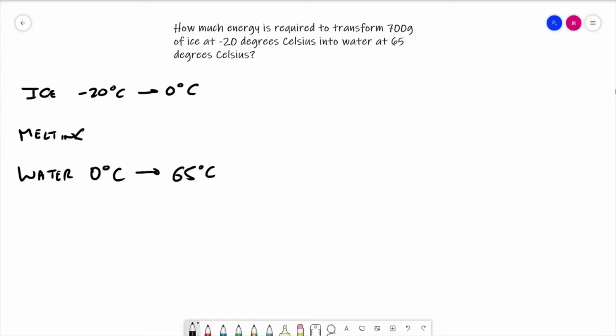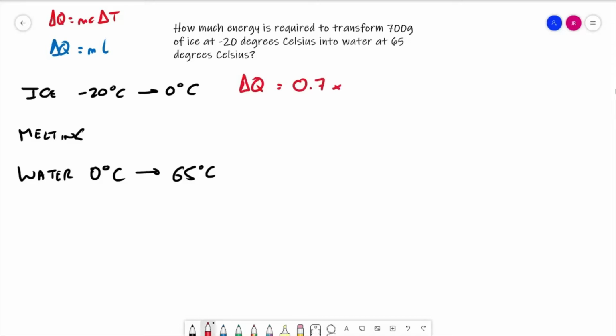So for the ice then, obviously we need the specific heat capacity equation. Let's just remind ourselves, delta Q is equal to mc delta T, and we need delta Q is equal to mL. So for the ice then, delta Q is equal to, mass is 0.7 of a kilogram.